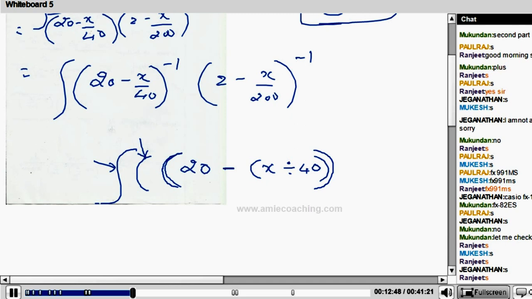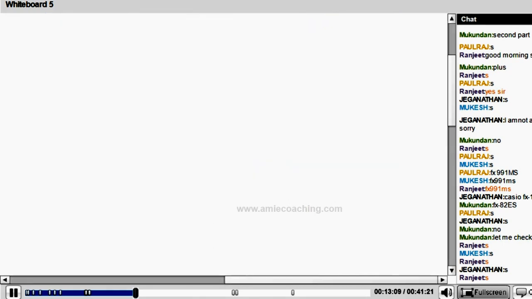Then press x raised to minus 1. That part is over. Then press the multiplication symbol, open a new bracket and write 2 minus x. For that, a bracket is open, x divided by 200.